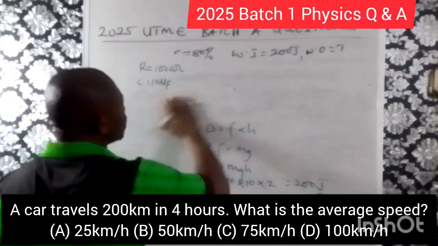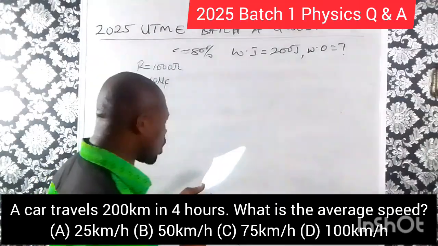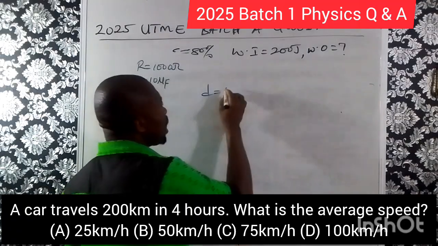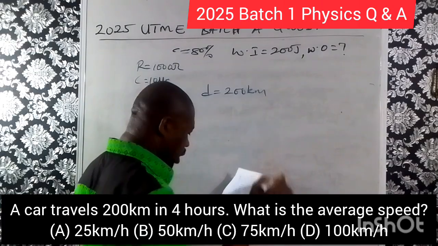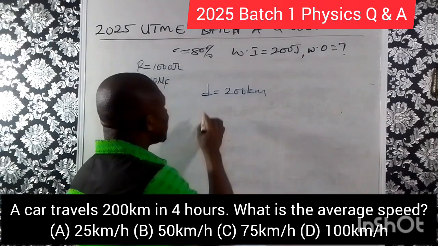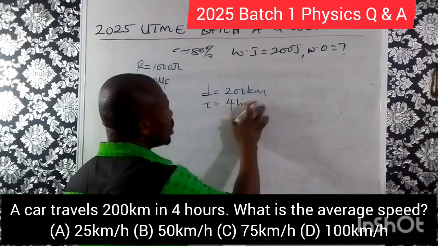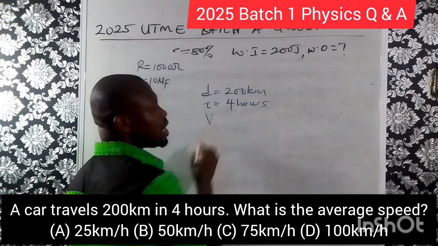Now, this one says, a car travels. That means the total distance traveled by the car is 200 kilometers. The time taken is 4 hours. Now, what is the average speed?